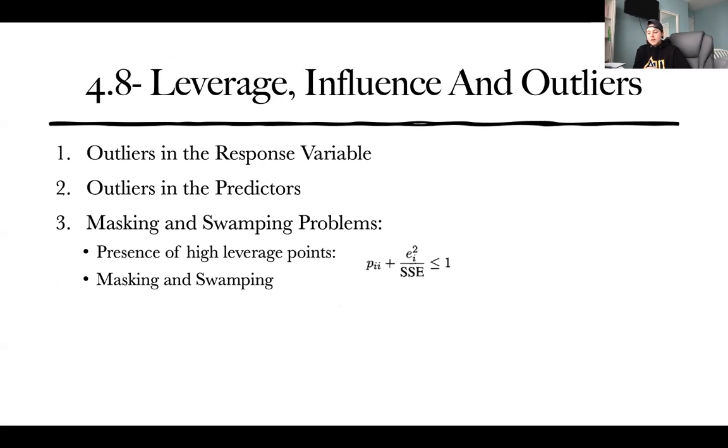Just a little definition here: an influential point is a point whose deletion will cause substantial changes in the fitted model. We just need to keep that definition in mind when we are talking about this section.